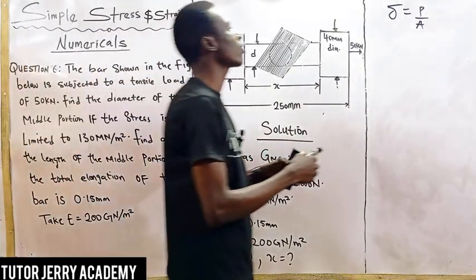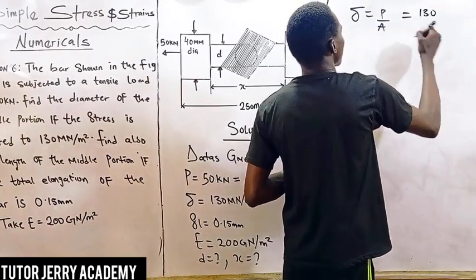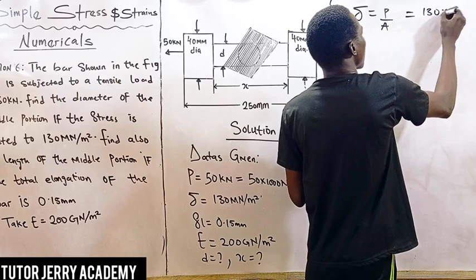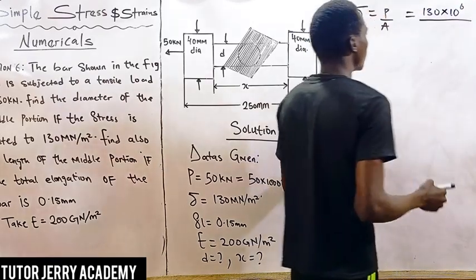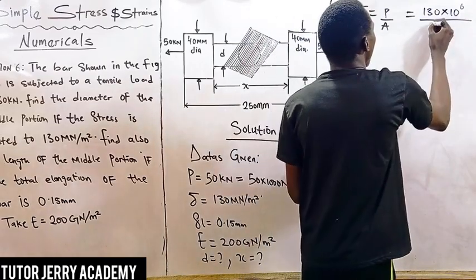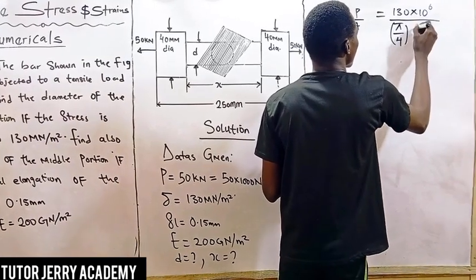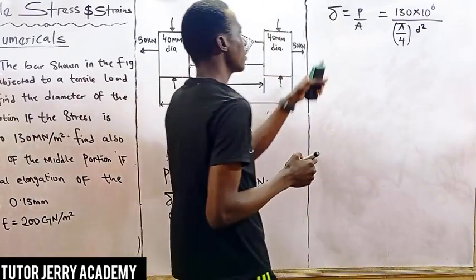Now, this is equal to 130 meganewton per meter square, just say times 10 to the power of 6, because we are having mega, over area, which is pi D squared over 4.